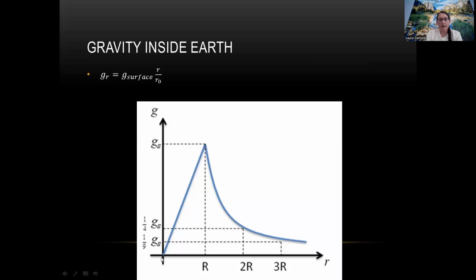So the gravity is increasing from the center of the Earth outward because we're considering more mass. And then once we reach the surface of the Earth, it drops off, it decreases according to an inverse square law. So this is the portion of the graph that we saw yesterday. This is the portion of the graph that we are adding in today.